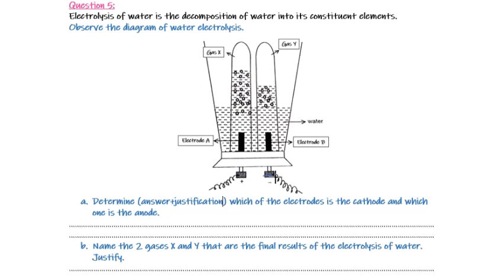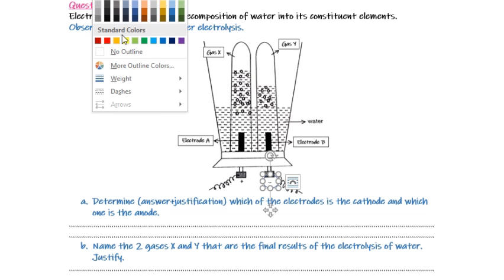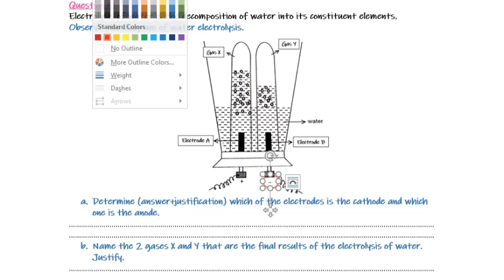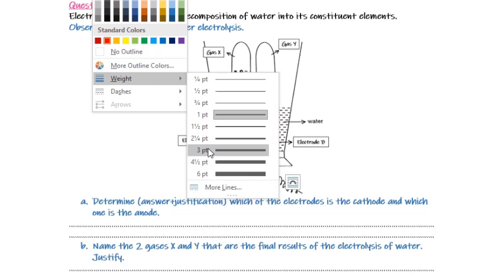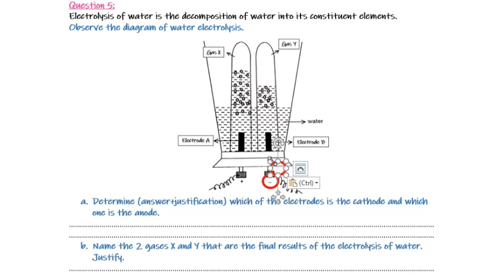Here is the negative charge. And here is the positive charge. Okay? So electrode A comes on the positive side of the electricity generator, and electrode B delivers the electrons.